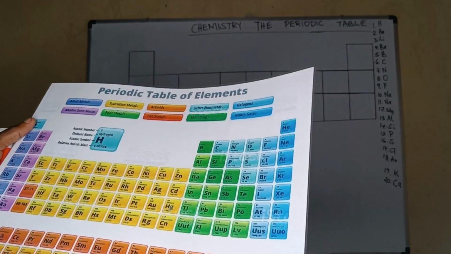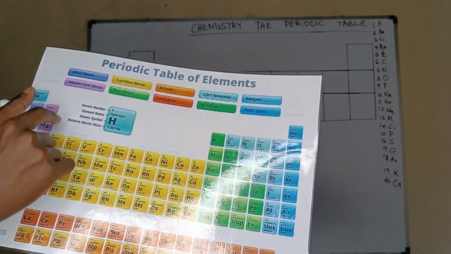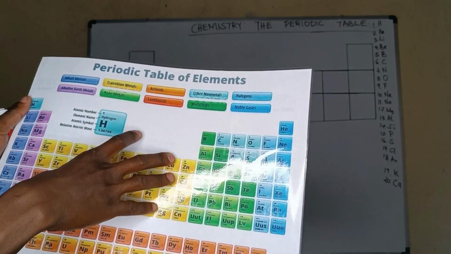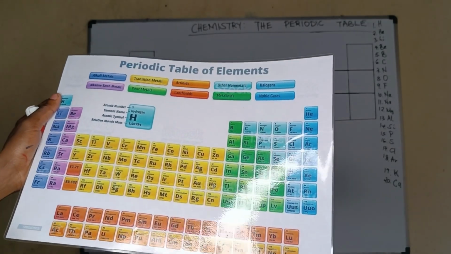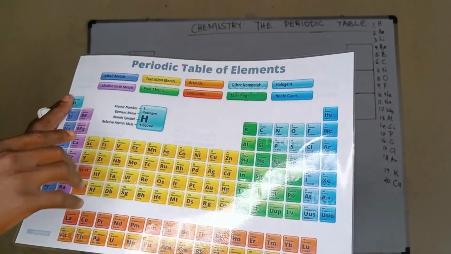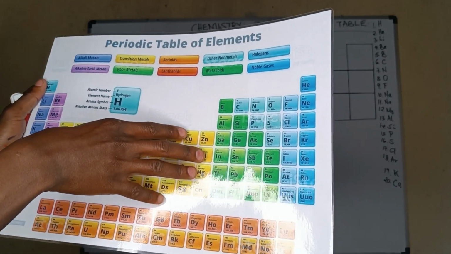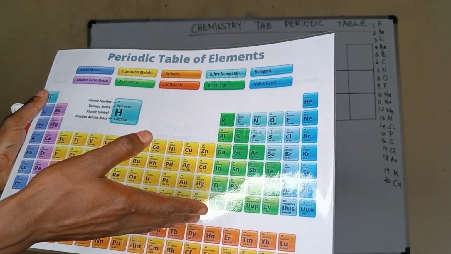Something else is that some columns up here are at higher levels than this one. This gap that you can see here, the yellow part, we don't study when you are in high school level. There are so many elements, and they usually have diverse properties.